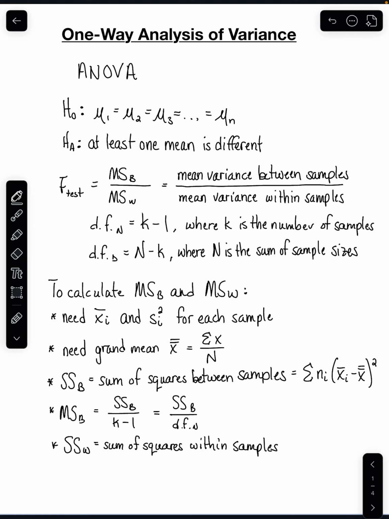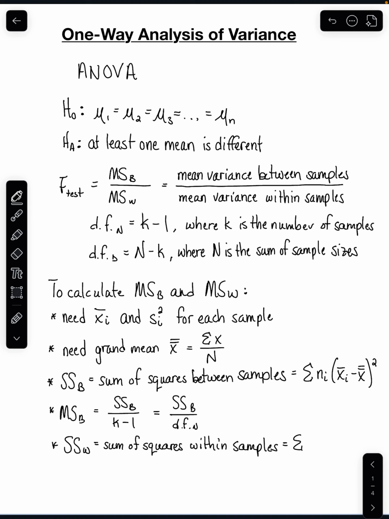We do that using the grand mean as a way of saying, how does this particular sample's mean measure up against all of them put together? But when we're doing the sum of squares within samples, we're not going to cross between samples. We're going to stay within one. So we're not going to see the grand mean involved here because each sum of squares for each sample is going to be done individually.